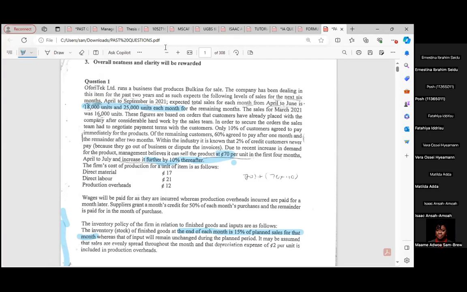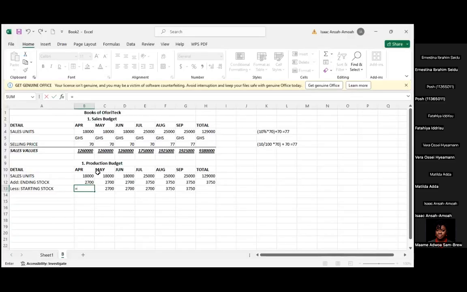So with this figure, we can compute the ending stock of March, which should become the starting stock of April. Can we get someone to do that for us? 15% of 16,000 is what? That's 2,400.